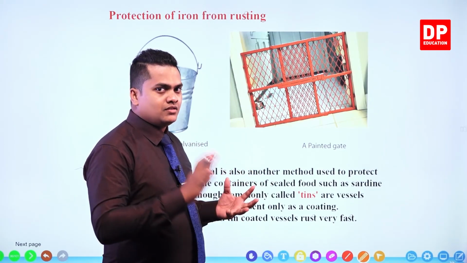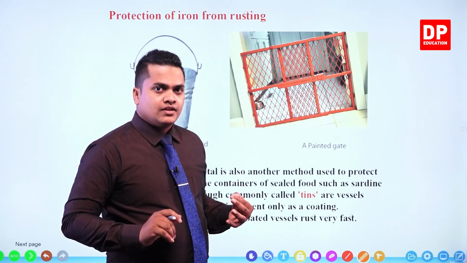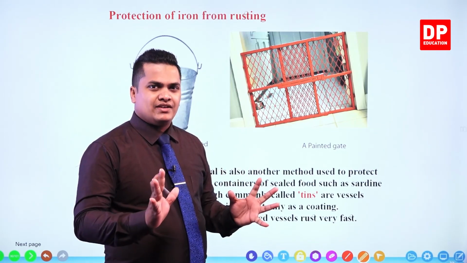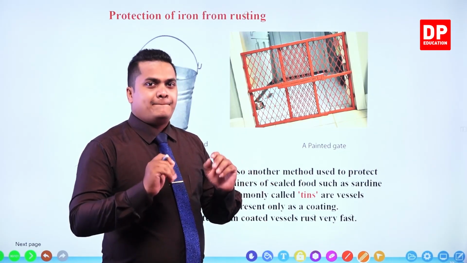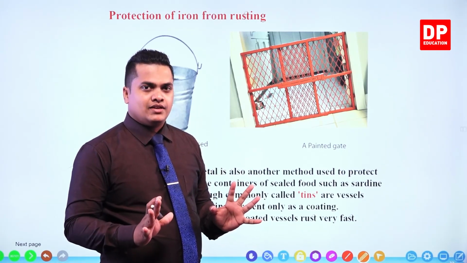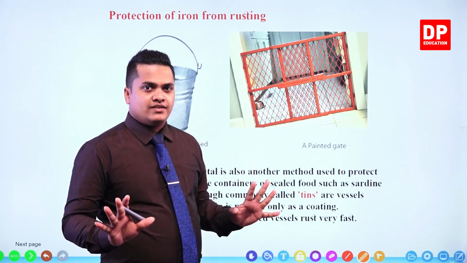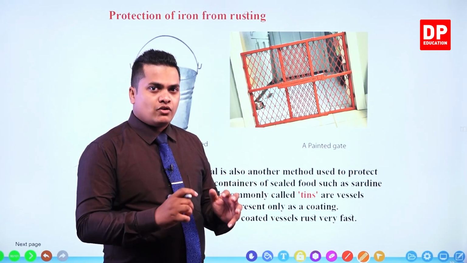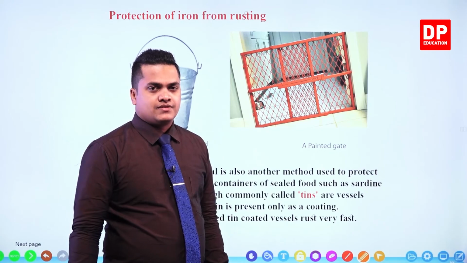But here is a different case. Here we are applying a layer, like a paint layer, right? That layer which is applied is tin. So it's just a layer, that's it. It avoids the contact of water vapor and oxygen with the iron surface.